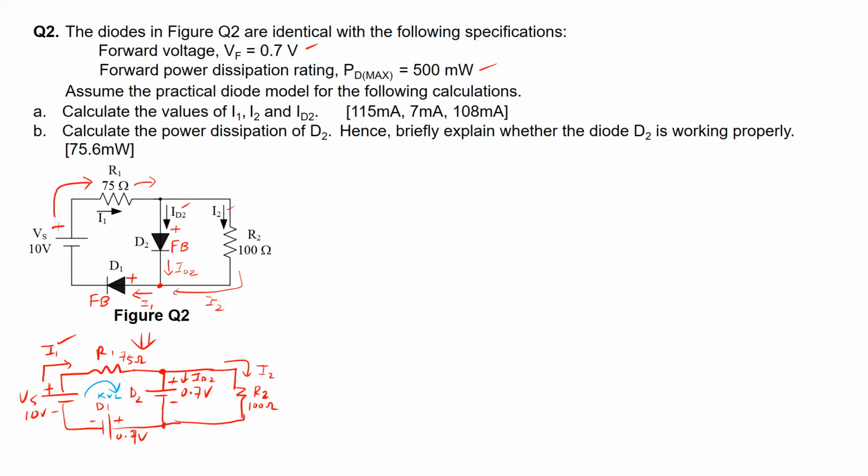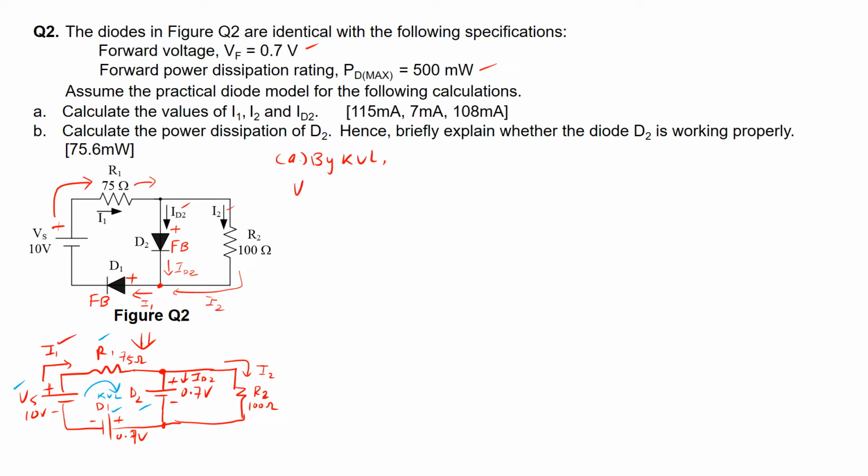This loop consists of the voltage source Vs, the resistor R1, as well as the diode D2 and diode D1. So by KVL, this is part A, we derive the KVL equation around that loop.